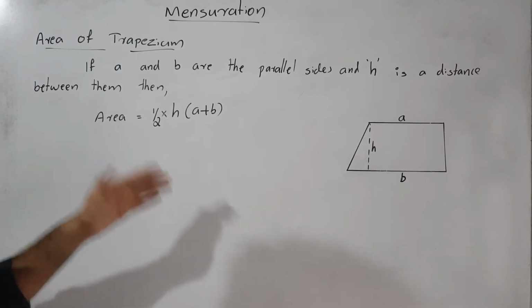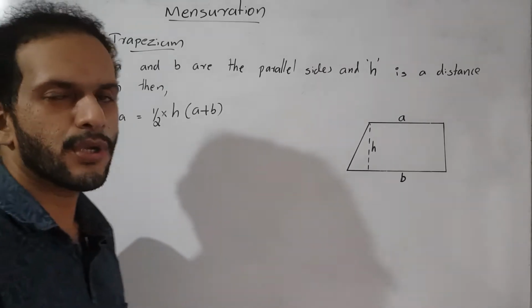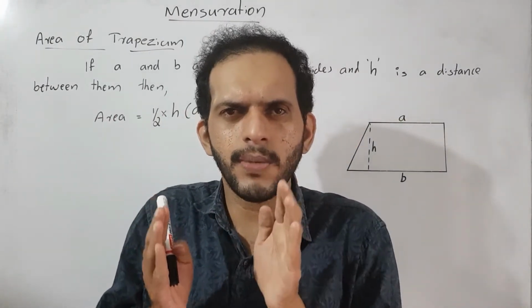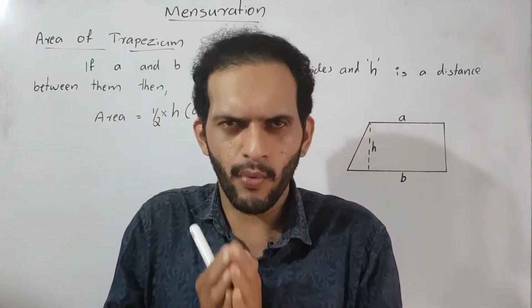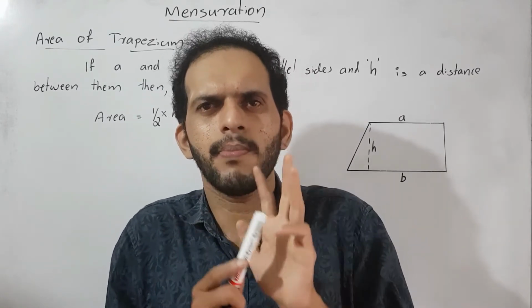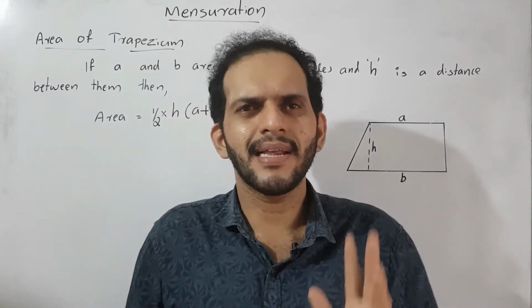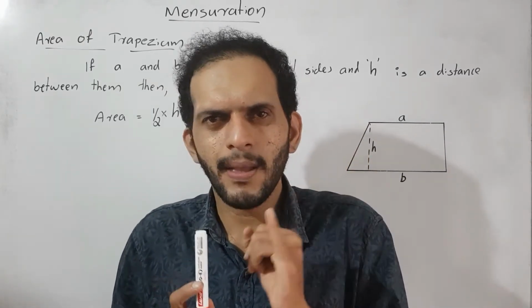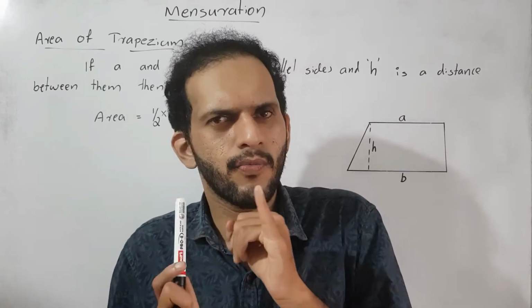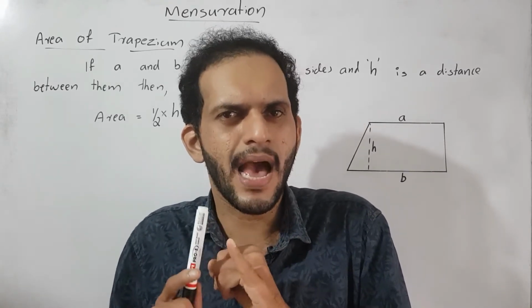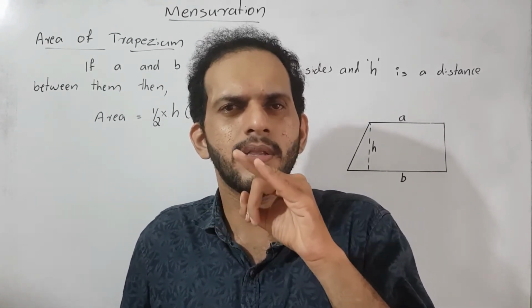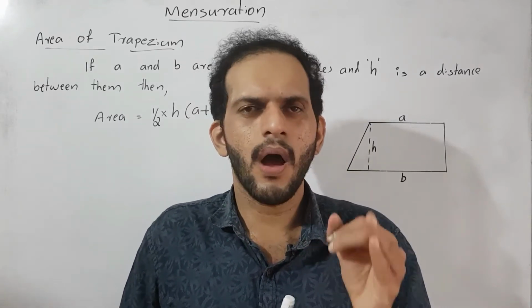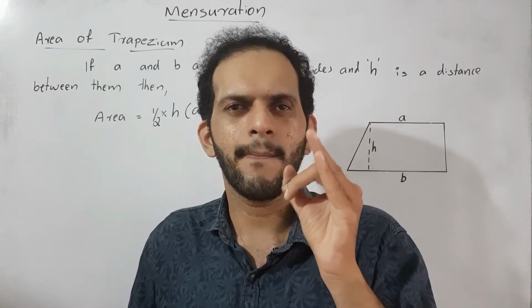That means in a trapezium it is possible to find the area if we know the measurements of the two parallel sides and the distance between them. So area is equal to half into h into a plus b.